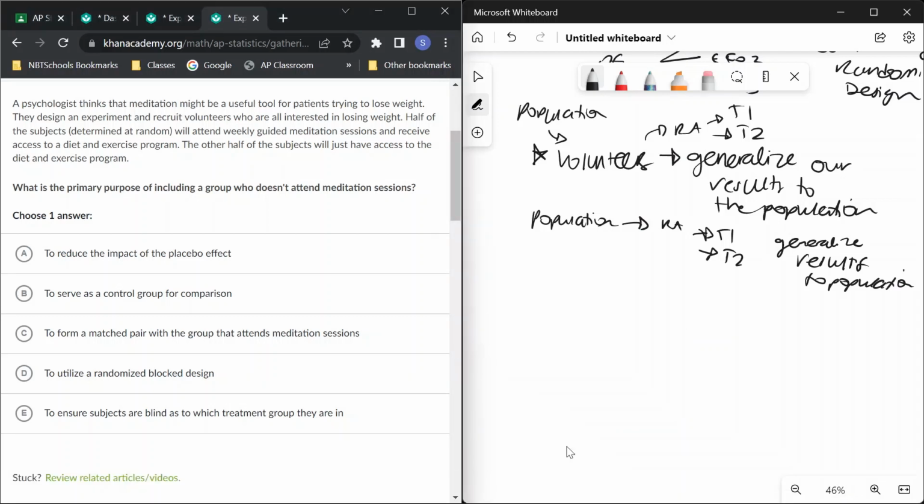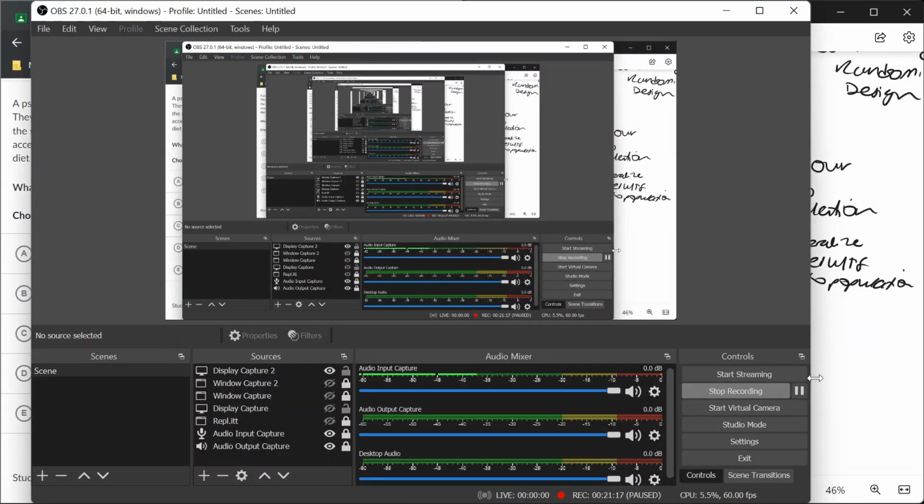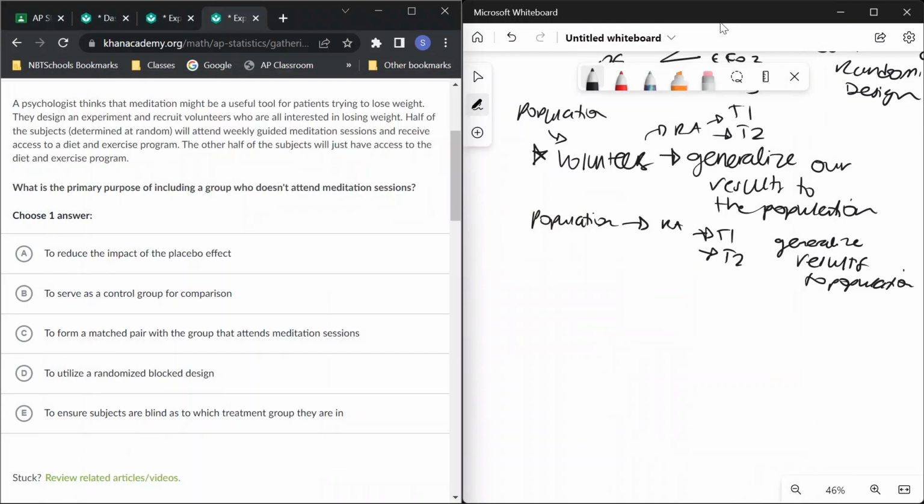Okay, they design an experiment and recruit volunteers who are all interested in losing weight. Half of the subjects determined at random will attend weekly guided meditations.